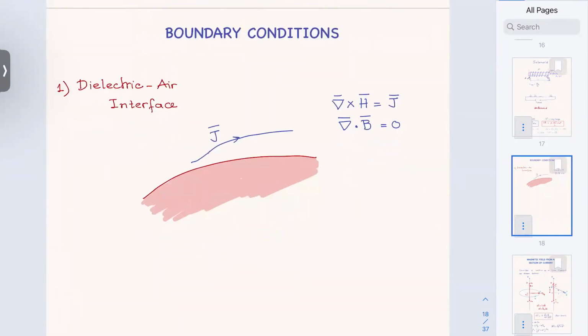And then we have the Biot-Savart equation that says that B is mu over 4 pi, and then, let's say J, the current.